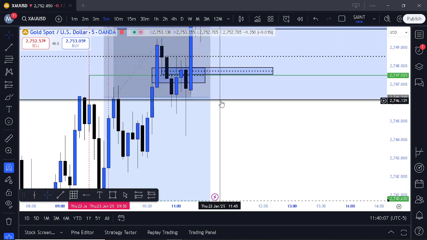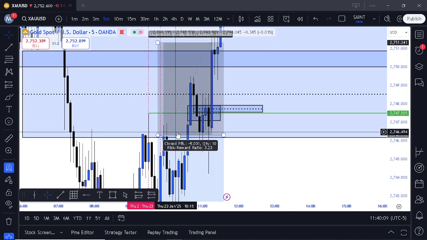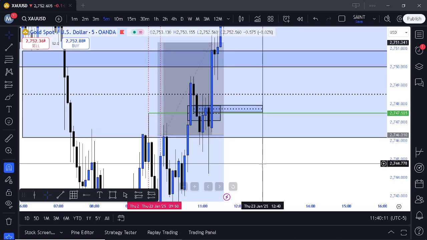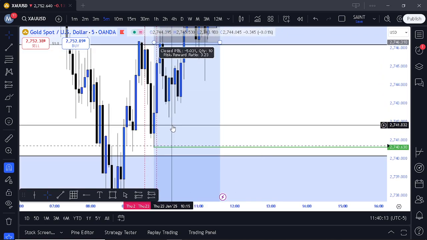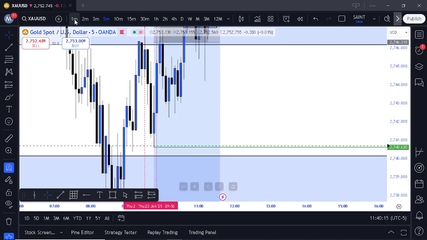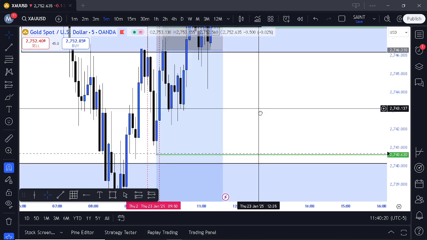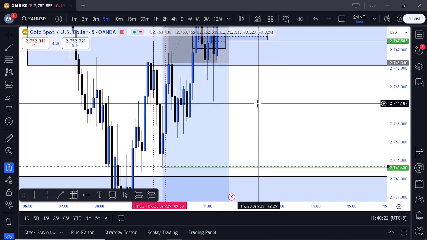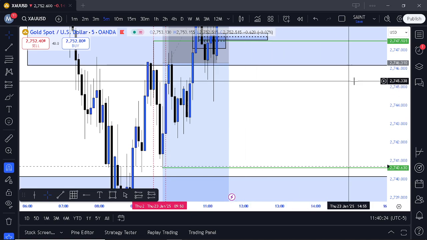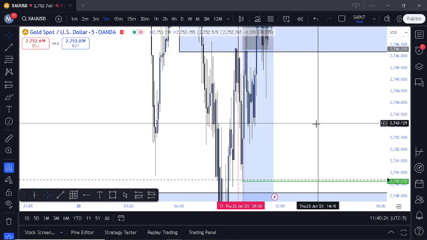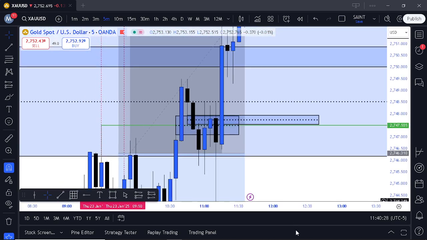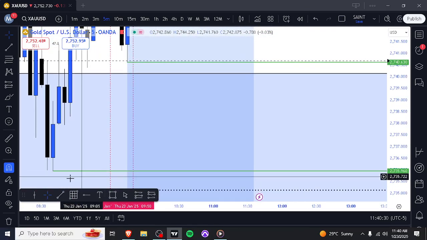Price came up here and didn't sweep it, but it came down, and again it still didn't break structure after coming up in the Fair Value Gap. That should have given me the indication that price is not really willing to go lower at the moment, so you need more orders to really go down here.